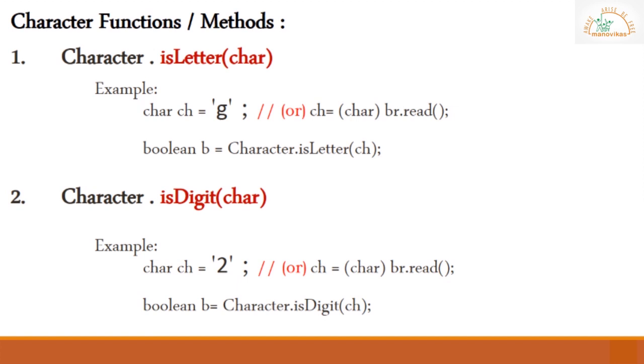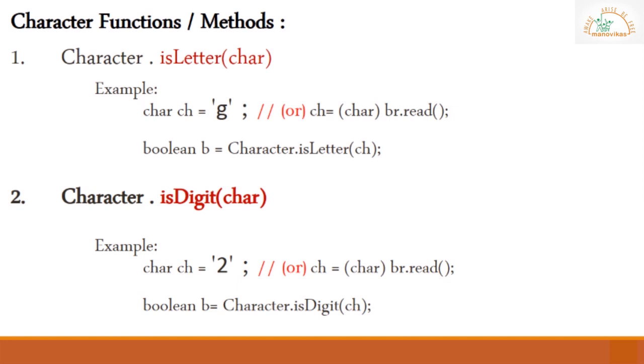For example, I have assigned G as a character literal. We all know G is a letter. So our function, that is Character.isLetter of CH, where CH is holding the value G, will return the final result as true.